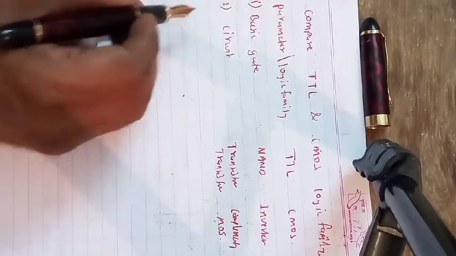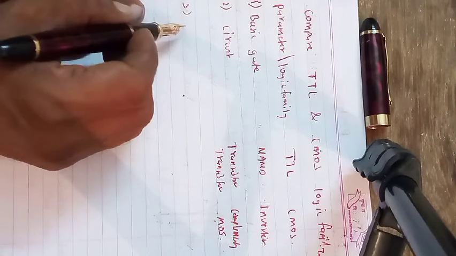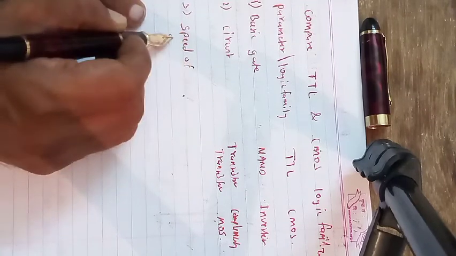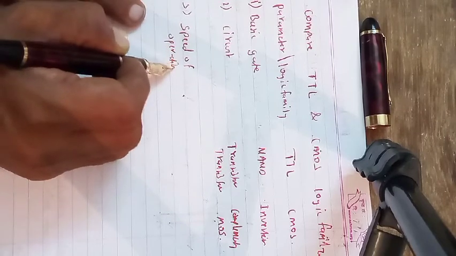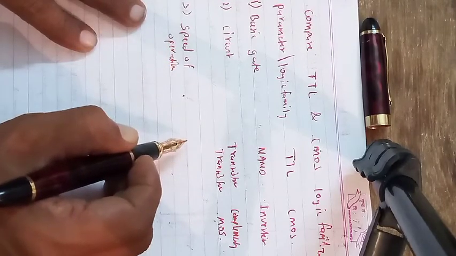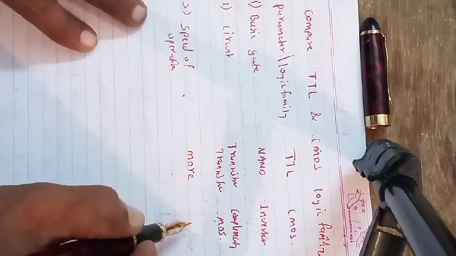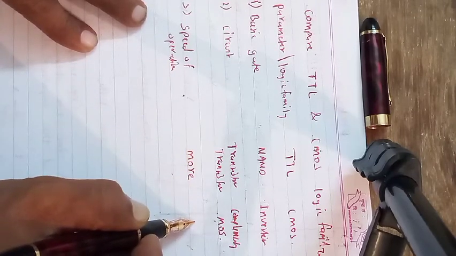Then the third part involved is the speed of operation. The speed of operation is more for TTL and less for the CMOS.